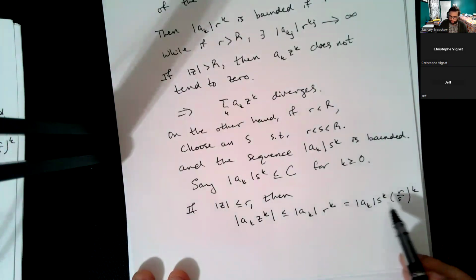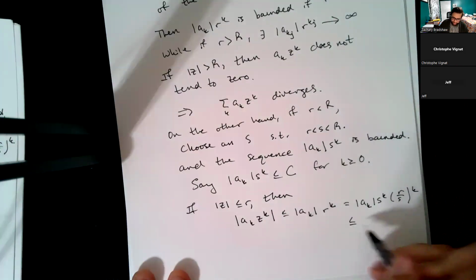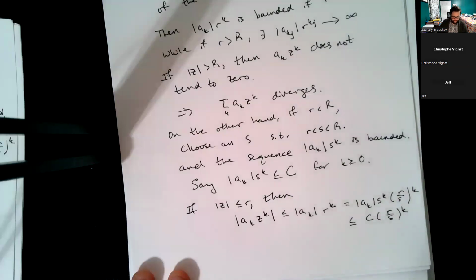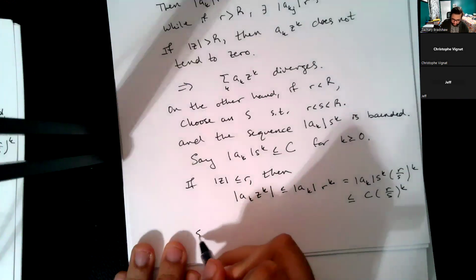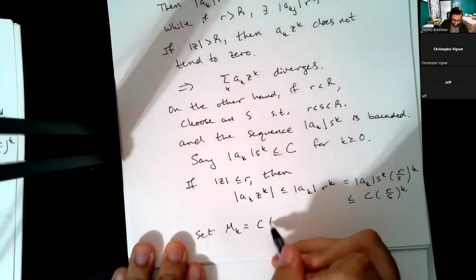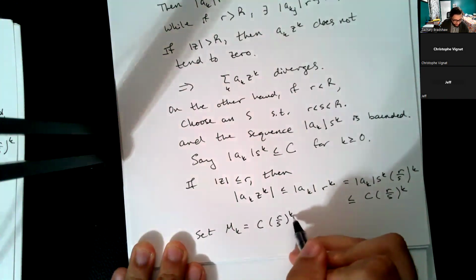I've just inserted s to the k over s to the k. And this is less than or equal to C times (r over s) to the k. Okay, so set M_k to be C (r over s) to the k.